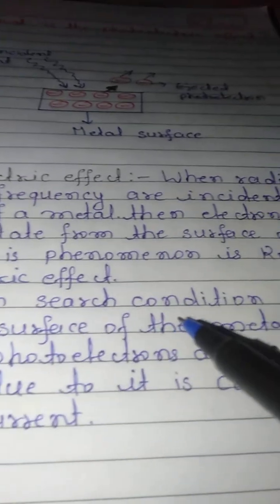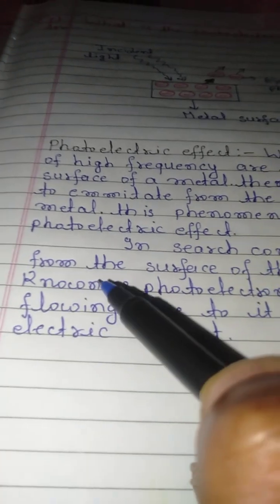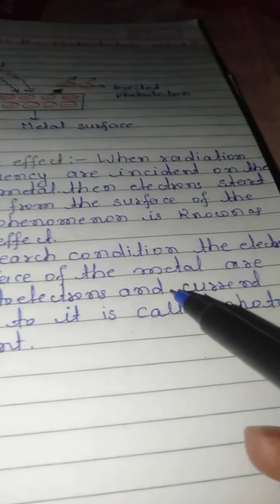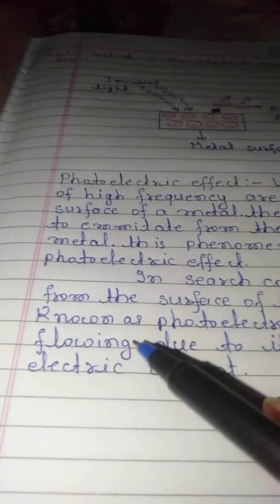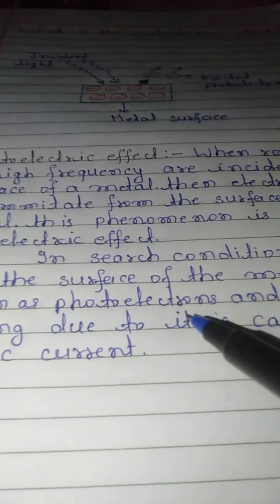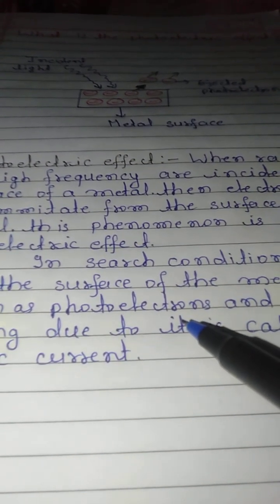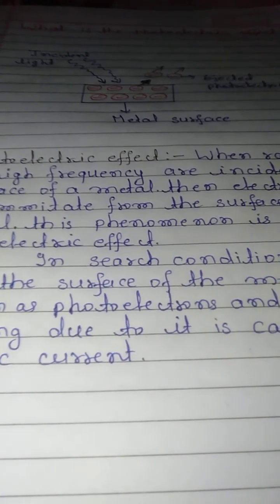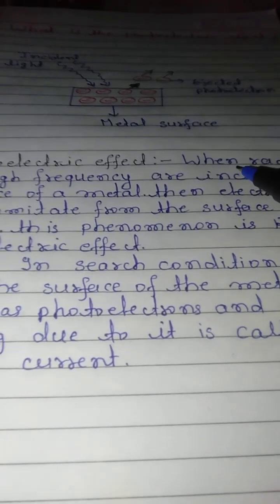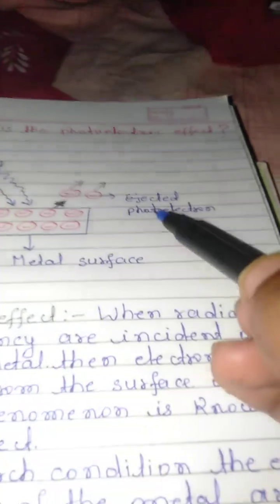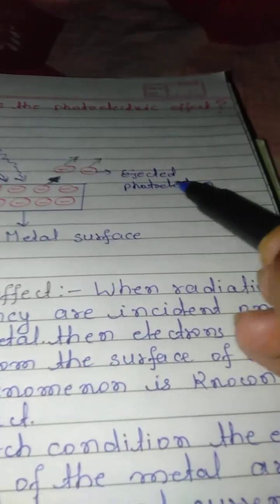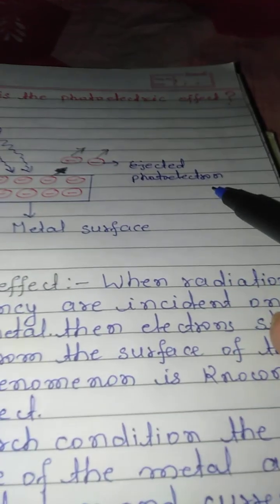In such a condition, the electrons emitted from the surface of the metal are known as photoelectrons. In the figure above, you can see the ejected or emitted electron, the photoelectron.